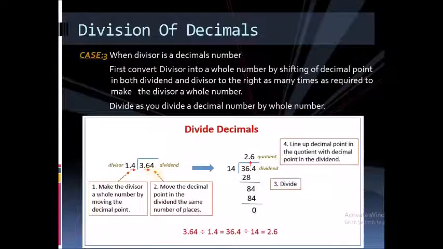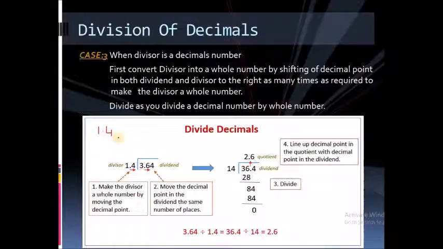Here you can see my dividend is a decimal number and my divisor is also a decimal number. So this is my case 3, when my divisor is a decimal number. So my first step would be to make this divisor a whole number. Now here you can see my divisor is 1.4.